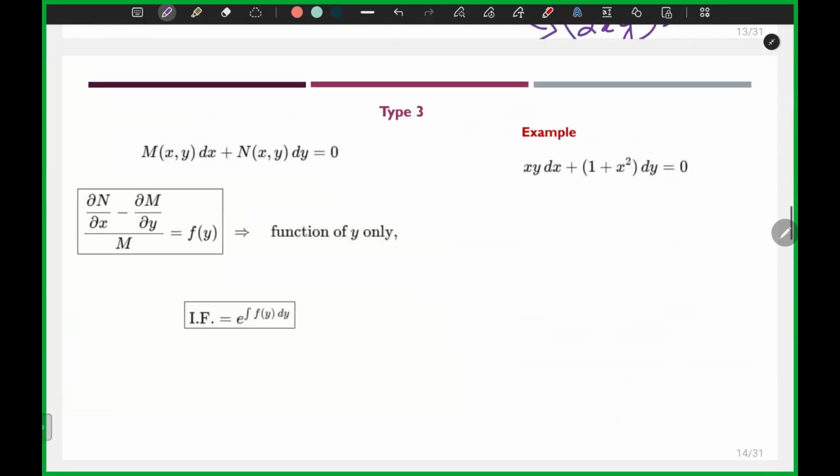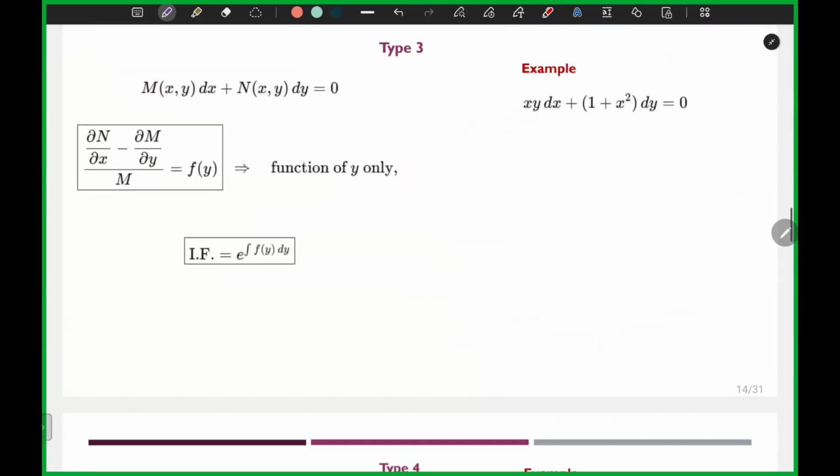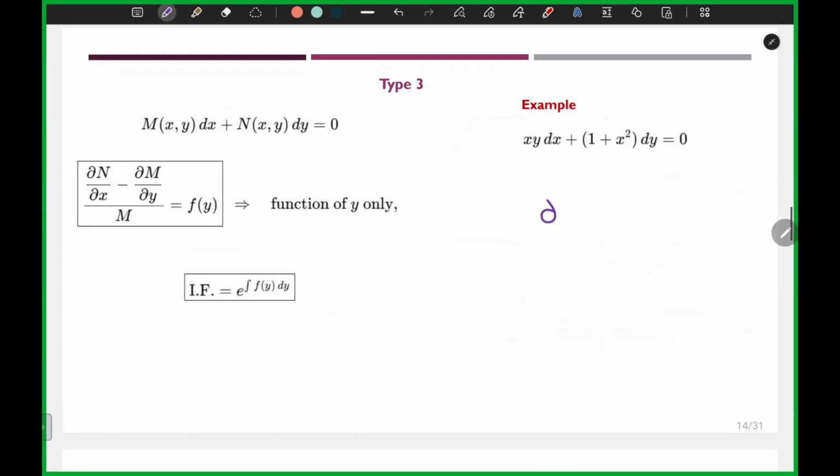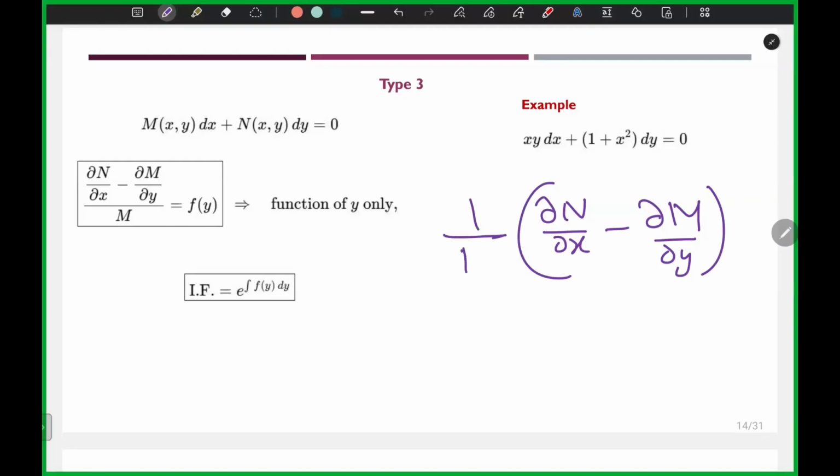Then type 3 comes when you have (del N upon del x minus del M upon del y) times 1 upon M. When we are using M, which involves the partial derivative with respect to y, it should come as a function of y. Then you can directly say the integrating factor will be e to the power integral of f(y) dy.